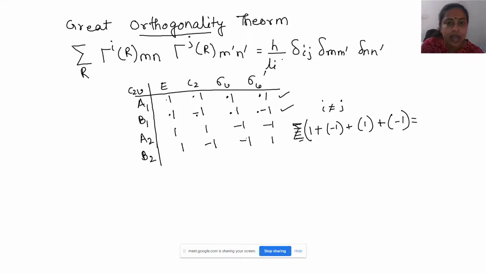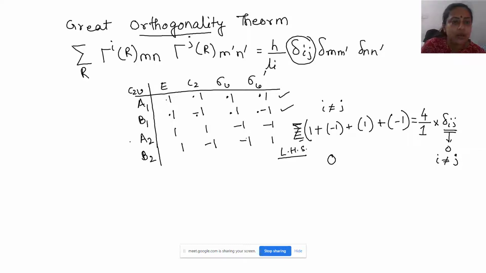Now that is h by l_i. Order of the group is 4, l_i is 1. But here delta ij is going to be 0. Now if you consider the left hand side, you will find 1 minus 1, 1 minus 1, 0. That is because on the right hand side delta ij equals 0 because i is not equal to j.